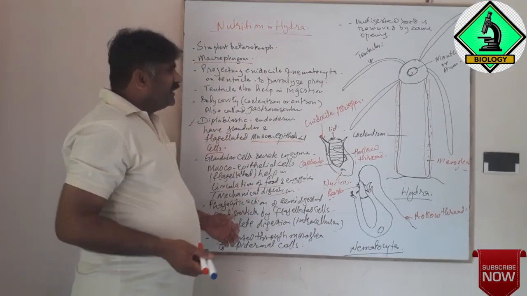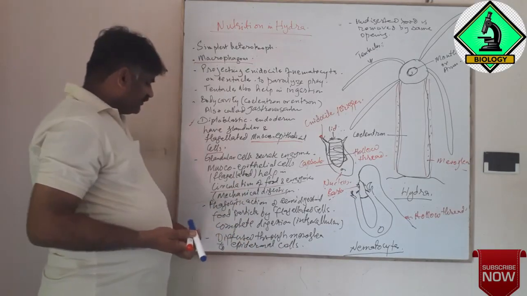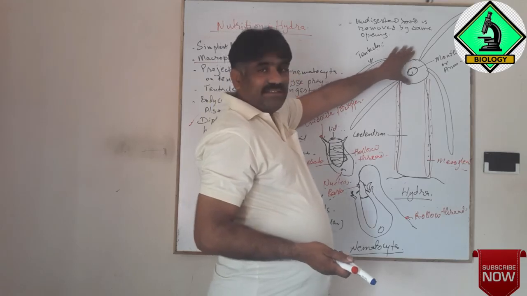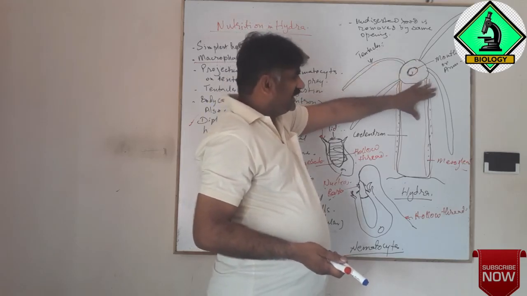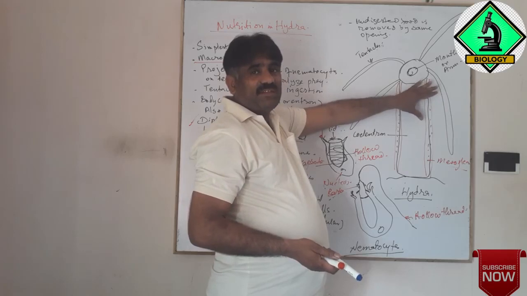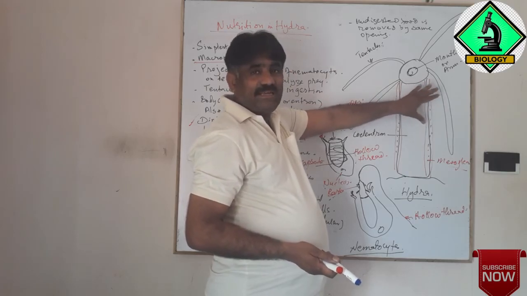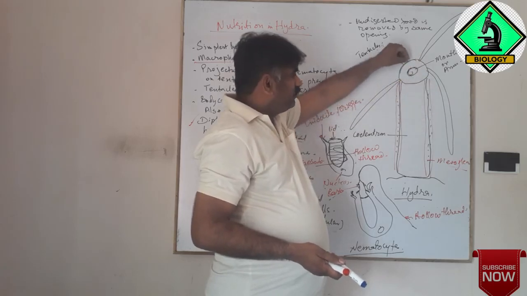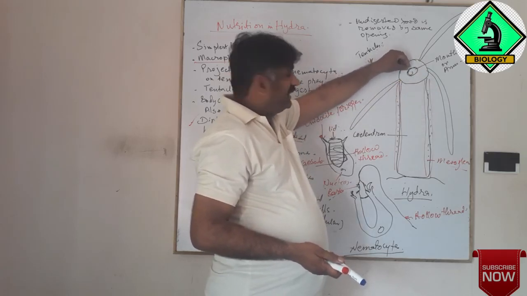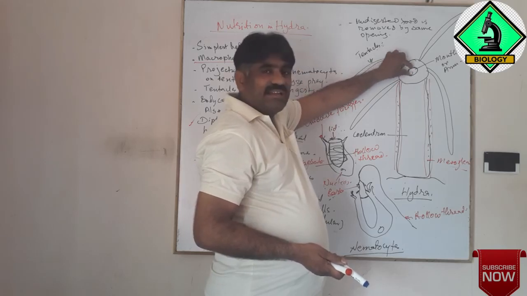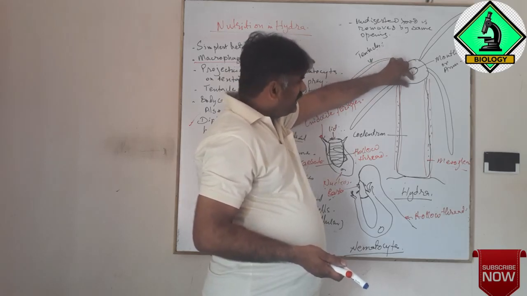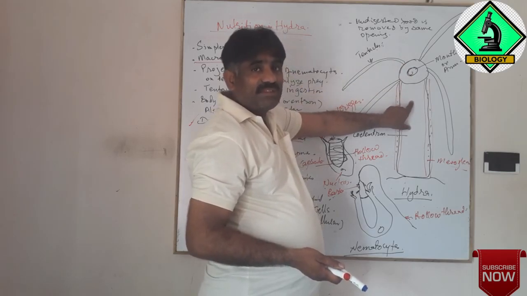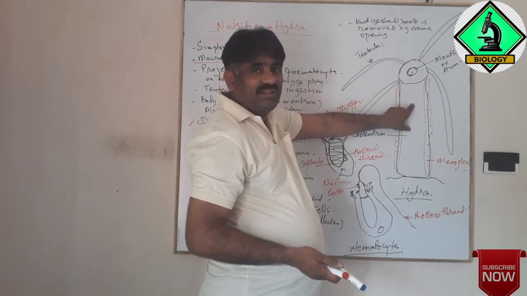So in this way, when these cnidocyte cells are triggered to paralyze the prey, with the help of the tentacles the paralyzed prey is ingested into the hollow cavity, also called the gastrovascular cavity, where digestion occurs.